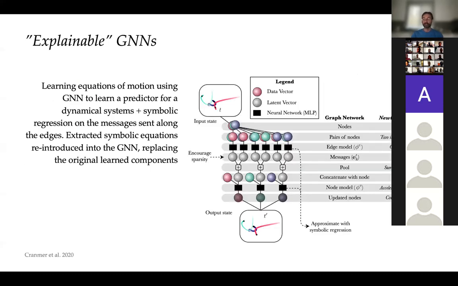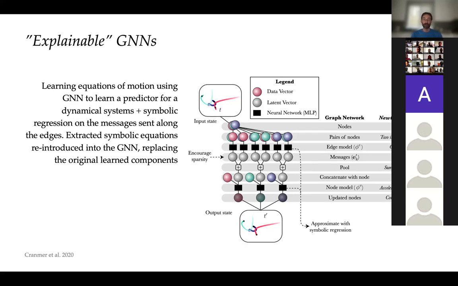Then there is an interesting direction as well. This comes from the work of Kyle Cranmer from NYU. I think it was a collaboration with DeepMind. And the idea is that instead of using generic message passing, you can make this message passing symbolic. In particular, they were considering physical systems, multi-particle systems that interact, and the interactions are captured by a graph.